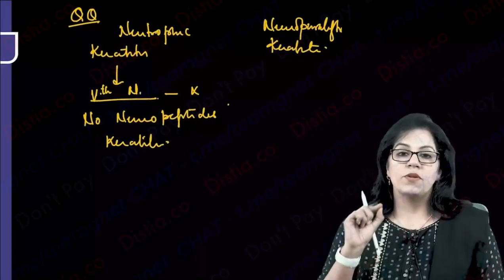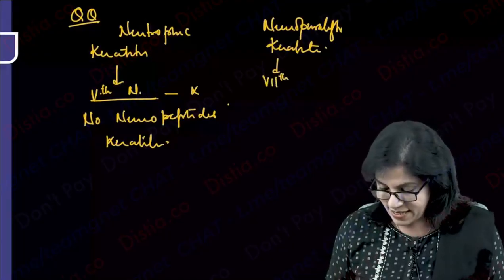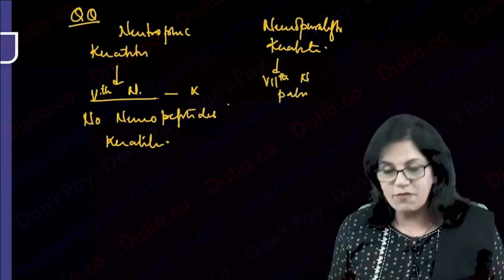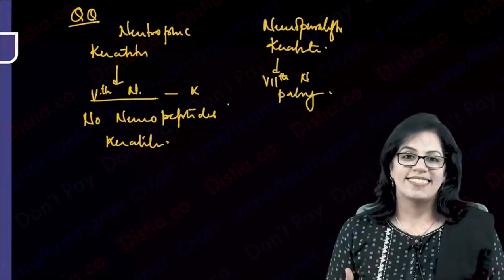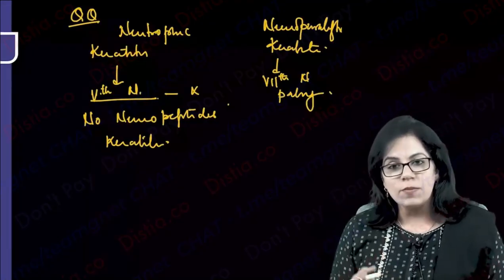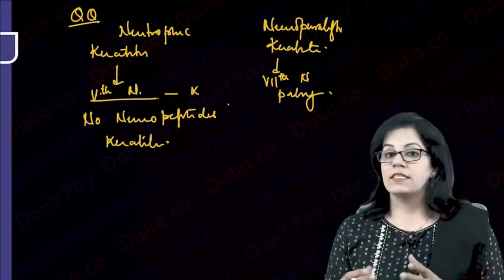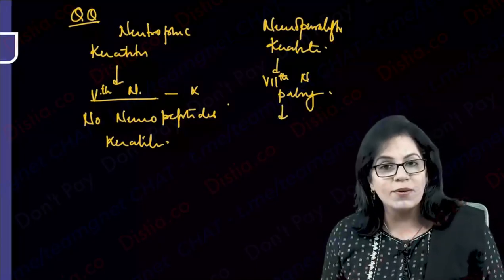But if they ask you about neuroparalytic, it is the seventh nerve palsy. Why? Because seventh nerve palsy, or facial nerve palsy, will cause what? It supplies which muscle? Orbicularis oculi, which closes your eye. So when the orbicularis oculi is affected, the eyes cannot close. What is that inability to close the eye known as?